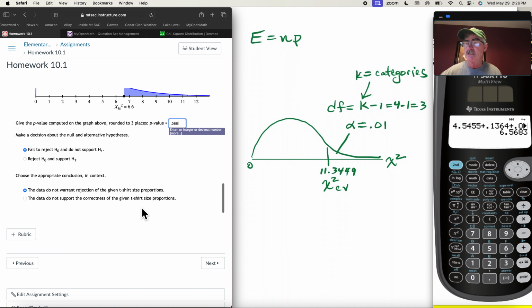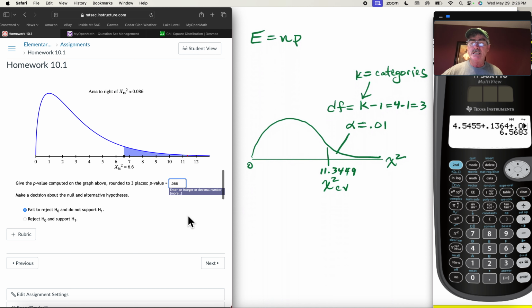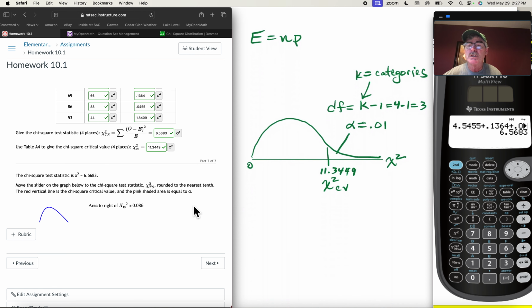Okay, I've got these clicked here. I don't know if those are right. So with a 0.086 p-value, I'll go ahead and just do a couple notations here. First of all, our test statistic was 6.5683. It's way over here on the graphic. So that's our chi-square test statistic.